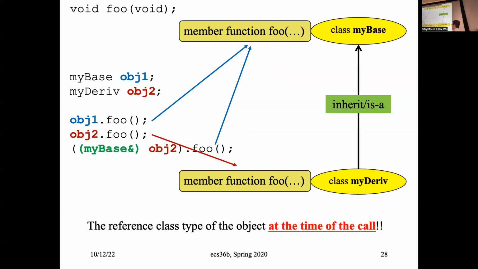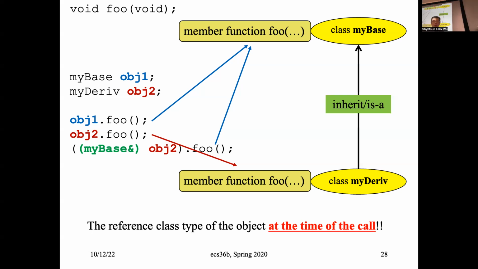What is the class type of the object at the time when I make the call? At the time is very important. If I execute this line of code, at this time I want to see what's the type of this object. It has been cast at that time, so that determines which version I'm going to call.